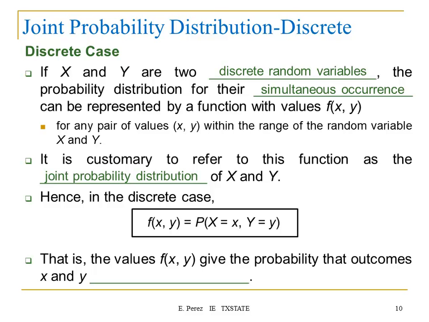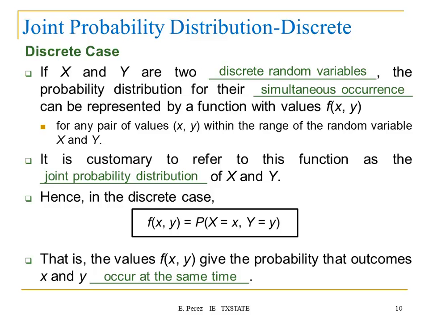So for the example with the number of bars and the number of times that you need to repeat the city name, this could be the number of bars equals 1, and the number of times that you need to repeat the city is 4. Okay, so you want to know what is the probability that those two events will happen. And you know they are not independent, so one will affect the other. That is, the values of this function give the probability that outcomes X and Y occur at the same time.